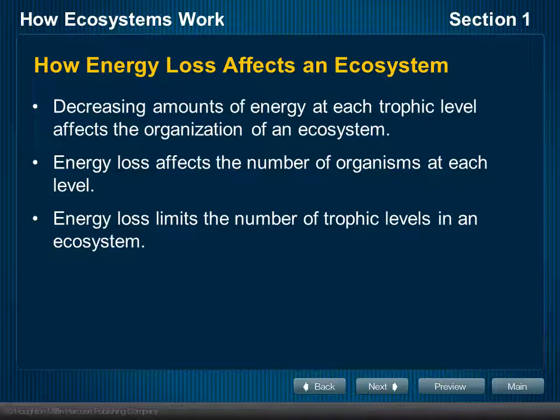We do not view an ecosystem as having an infinite number of trophic levels as you go up through the top. We don't talk about tertiary and quaternary levels and so on. There's not consumer upon consumer upon consumer, because eventually, as you get higher up, there's not enough energy to support any organisms, to support any life anymore at those levels. So the number of trophic levels in any ecosystem is a limited number. It is a finite number.